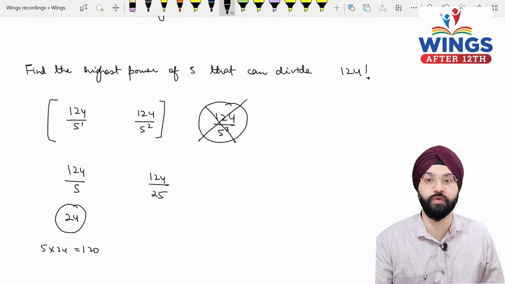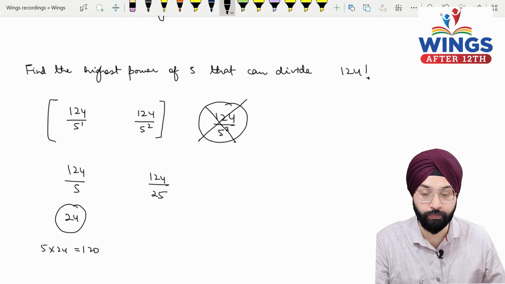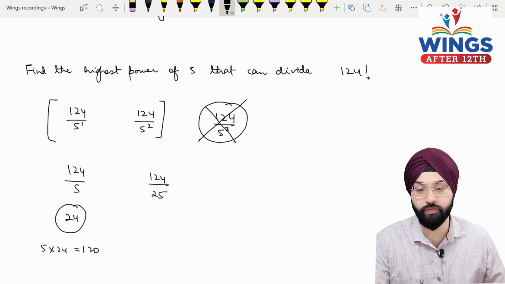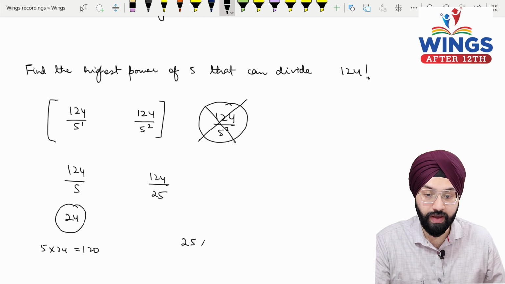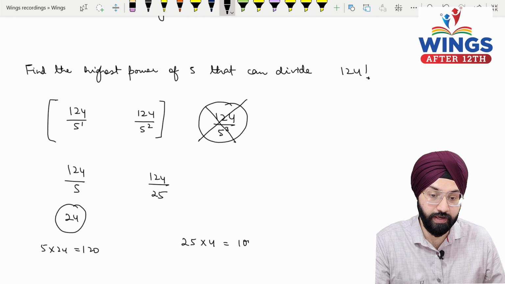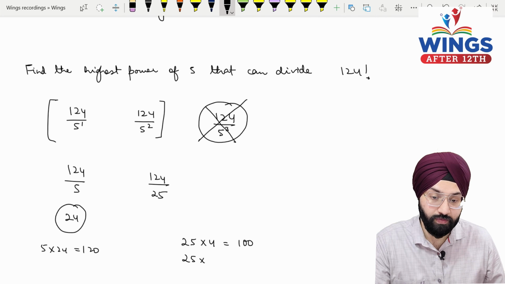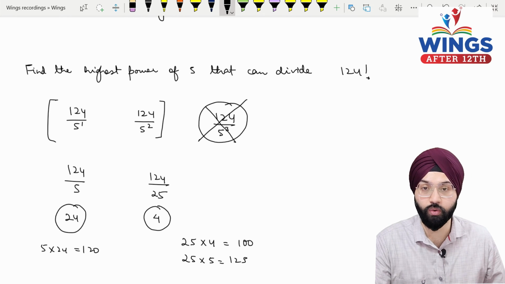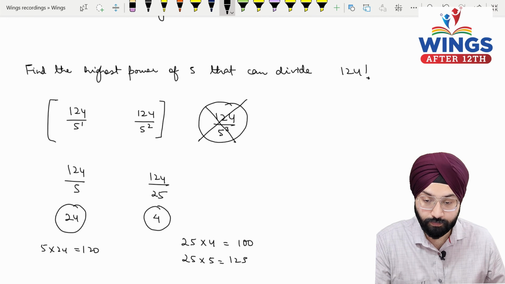Now, how many times can 25 go into 124? 25 into 4 times is 100. 25 into 5 becomes 125, so that becomes greater than 124 and is not possible. Only 4 times 25 can go into 124, right?